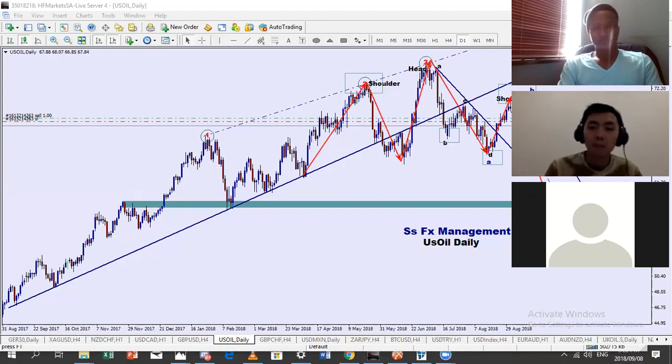So we also have this one here. Price pushed down, pushed up, pushed down again, and then now it's pushing up. So it might be, because of this change of structure here, it might be forming another inverse head and shoulders to push price all the way up. See, the scenario is two now.